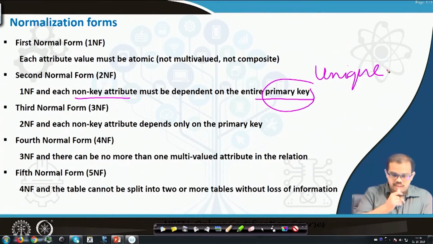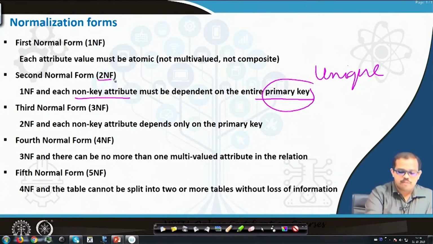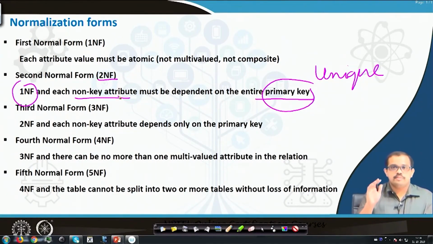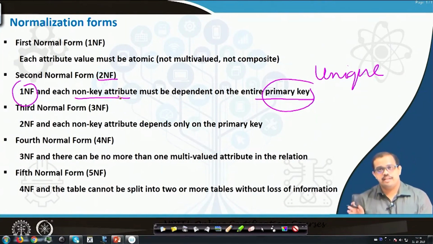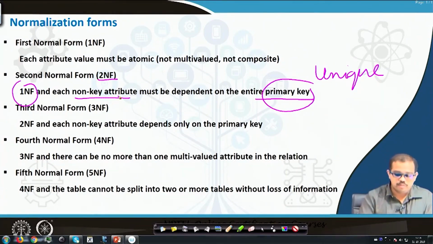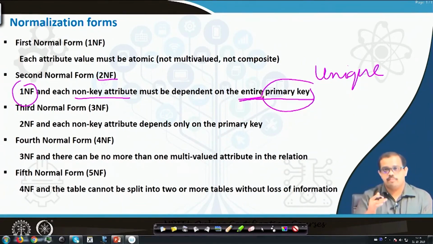A non-key attribute is one that is not considered any kind of key, whether primary key, secondary key, or foreign key. So a non-key attribute must be dependent entirely on the primary key. This is what the second normal form means.